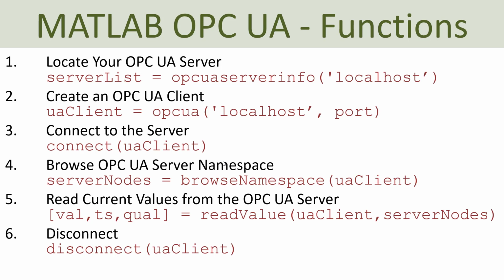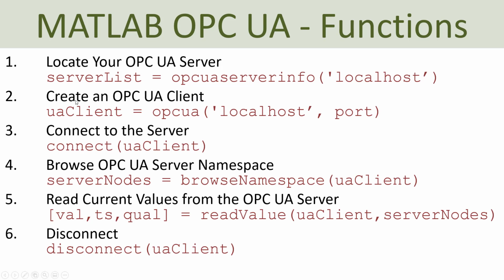But basically, in order to create an OPC UA client within this Matlab OPC toolbox, you need to do the following. You can first locate your OPC UA server on either your local computer or on your network using this command, opcuaserverinfo, and then just localhost or a URL or an IP address.